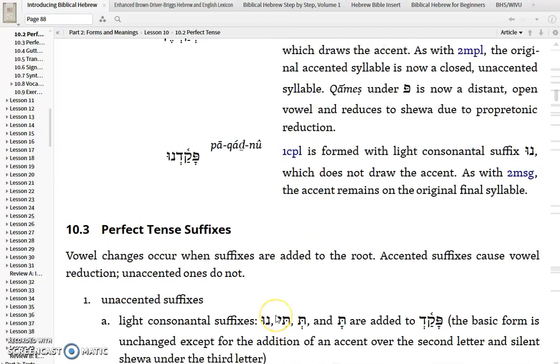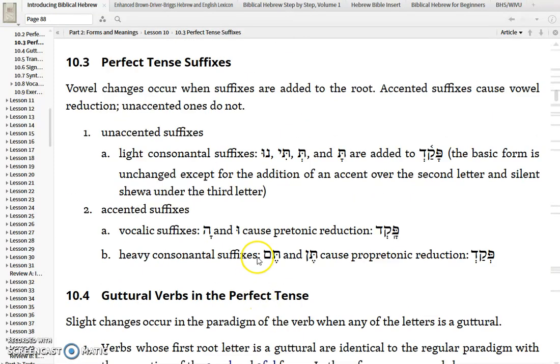But you'll need to learn those paradigms, and it would be good to be familiar with these endings, the nu being a first common plural, the ti being a first common singular, the ta being a second masculine singular, the t being a second feminine singular, all added to the basic form. And then if you have an ah at the end, that's a third feminine singular, and an u at the end, that's a third common plural type ending.